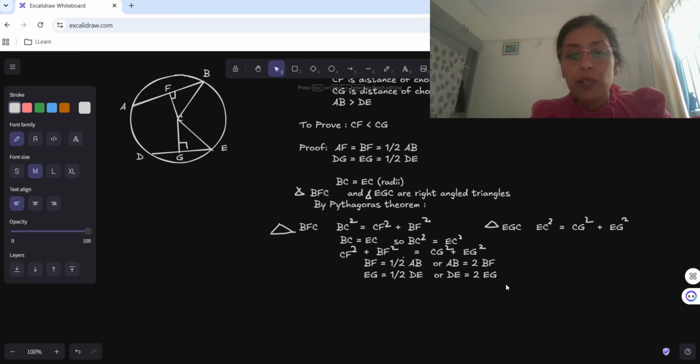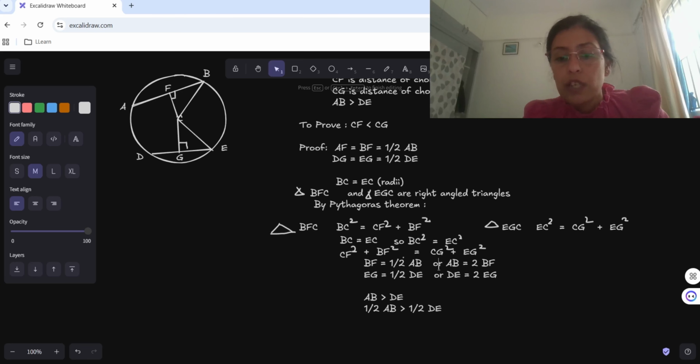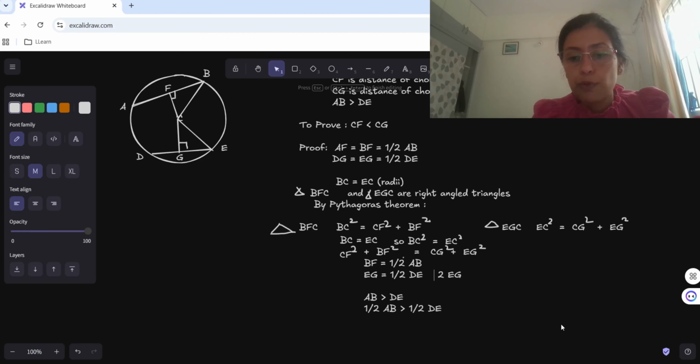Now we have been told AB is greater than DE, right? So we can say half of AB will be greater than half of DE. Okay, so we need not actually consider this because the first part itself is enough to prove it.